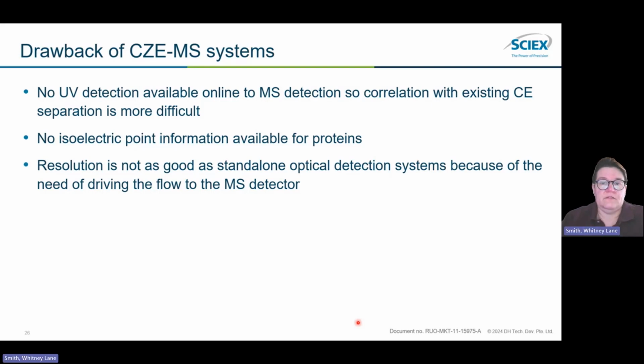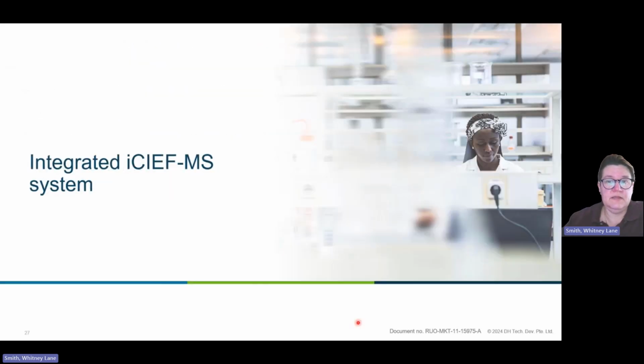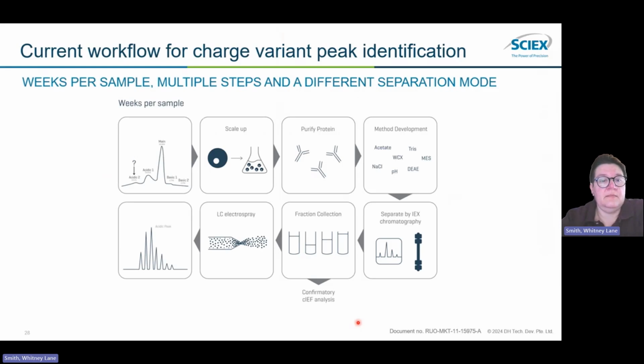Yeah, and so now we're going to move on to ICIEF MS, which is the latest system. It is chip-based. It reduces the amount of time needed to confirm variants from months down to weeks, or possibly even days, depending on the complexity of the sample.